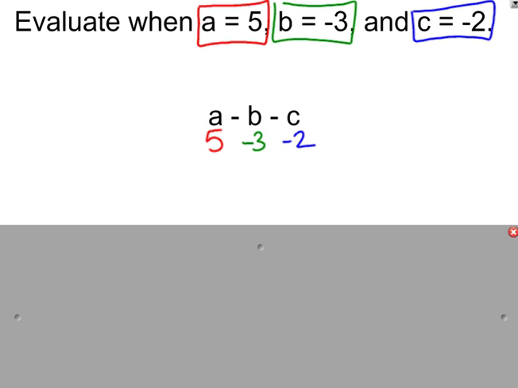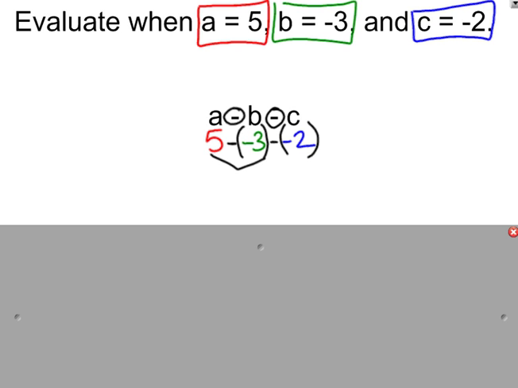Okay, now I need to be really careful about making sure I've got all the symbols. I'm going to bring down this subtraction sign, and then I'm going to bring down this subtraction sign. So 5 minus -3, and parentheses might help make that a little bit more clear, also for minus -2.